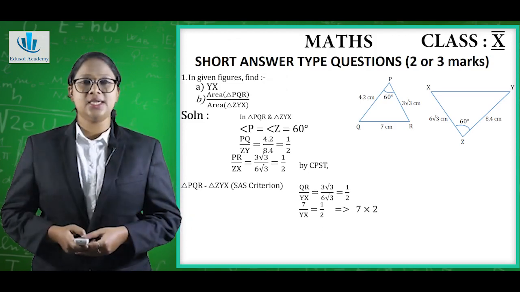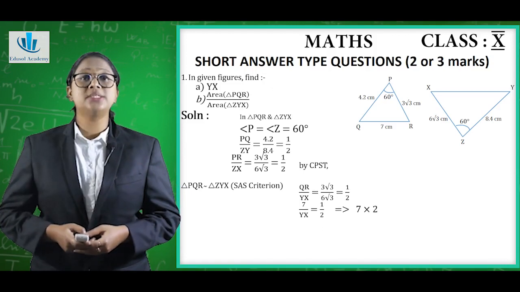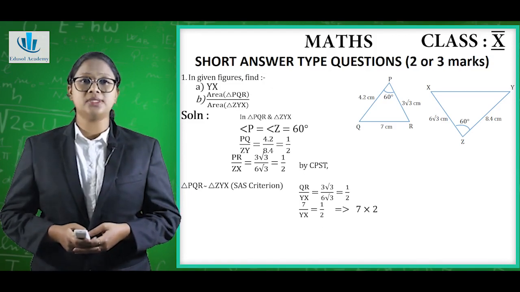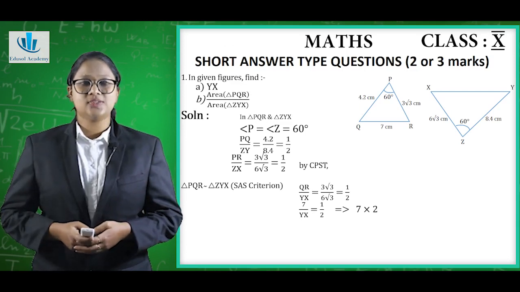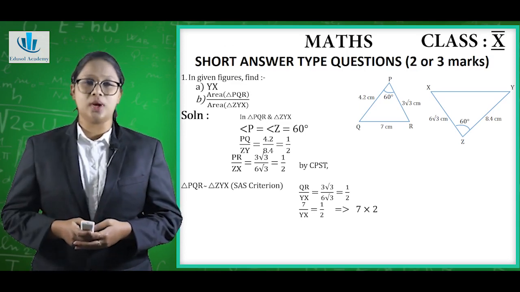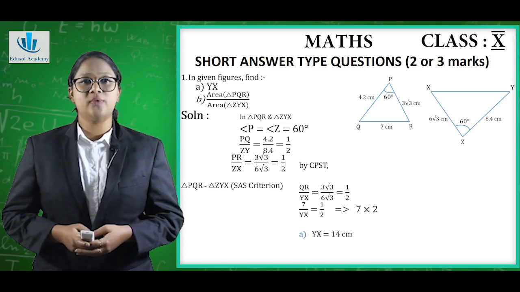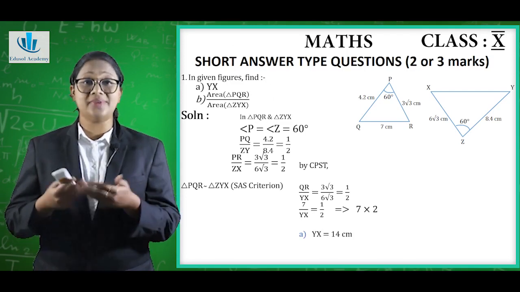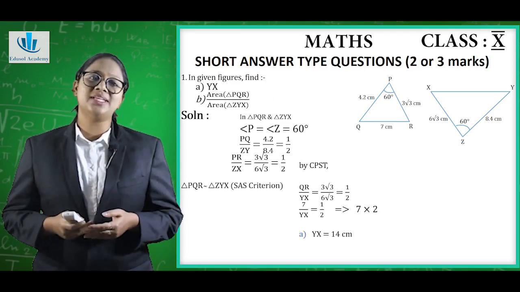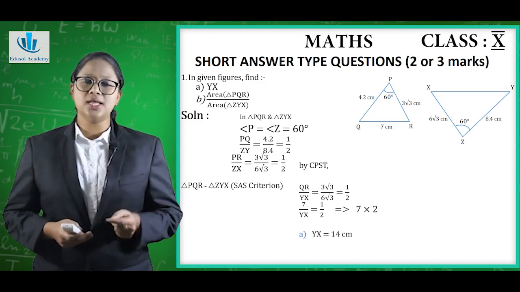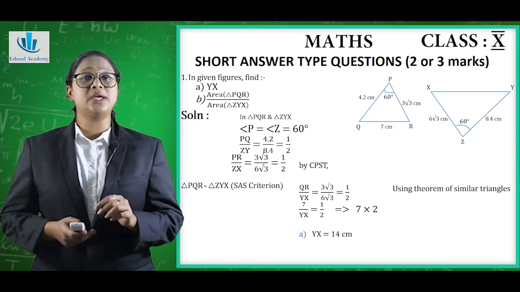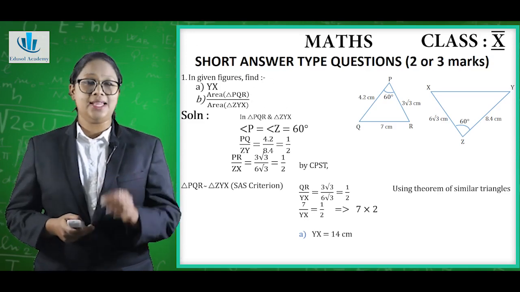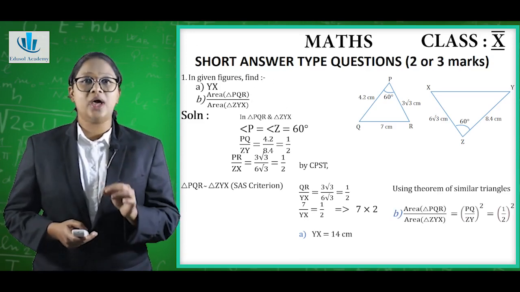By CPST, we can write QR by YX is equal to 1 by 2 by default. Now QR is 7 centimeters, so 7 by YX is equal to 1 by 2, or YX is equal to 7 times 2, that is equal to 14 centimeters. First part is done. Let's move to the second part. We are supposed to find area of triangle PQR by area of triangle ZYX.